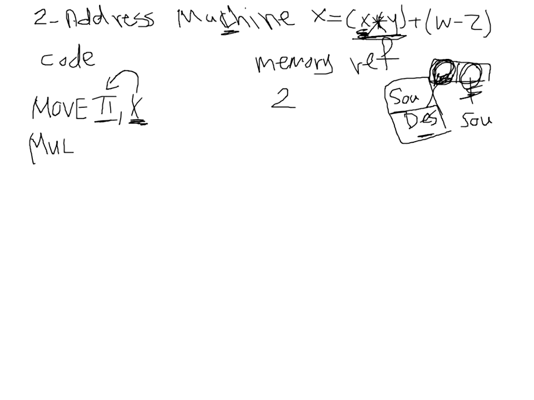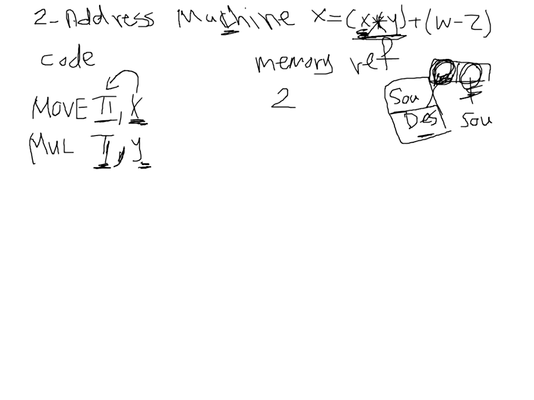Now we do our multiplication. Multiply what? We need to multiply t1, comma, and y. So we have our source here, and we have our source and destination here. What we mean is, we get the value of t1, multiply it by y, and again store the output in t1.